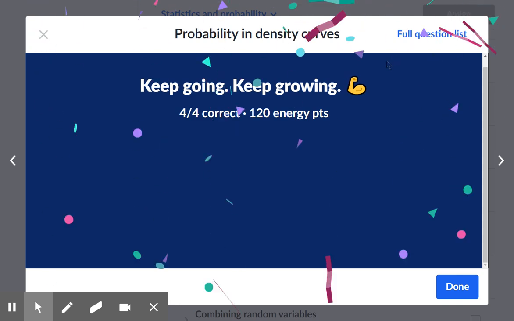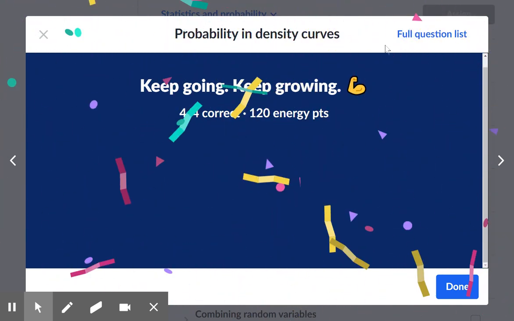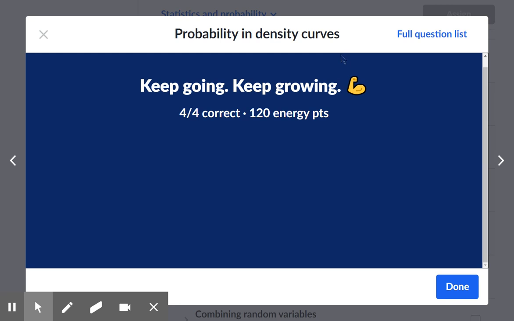If you have any questions, let me know. You will need the formulas for some geometric shapes, for example the area of a trapezoid. A trapezoid looks like this: this and this are parallel, and then you have a vertical height.